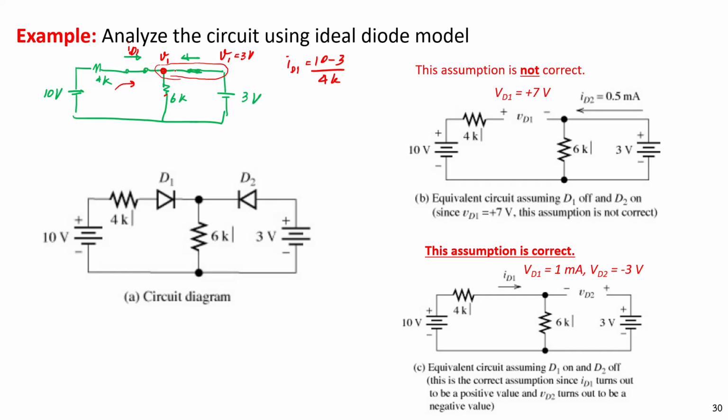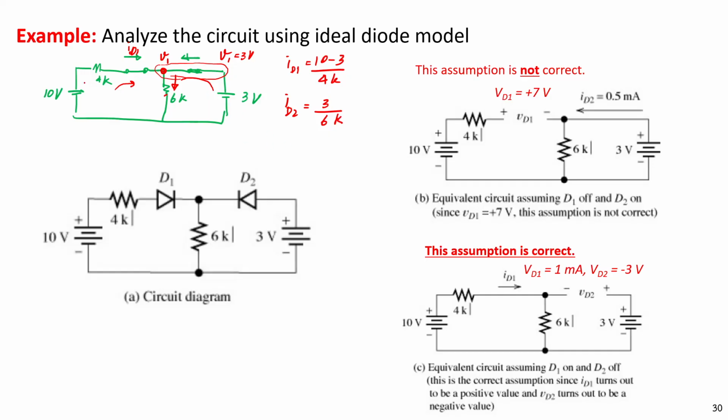And let's see with this 3 volt, if this diode conducts, the current comes in this direction and goes down here, right? ID2 would be 3 divided by 6K.